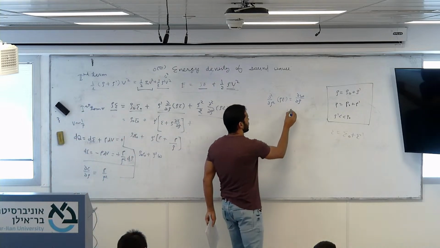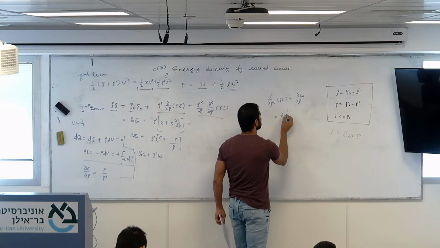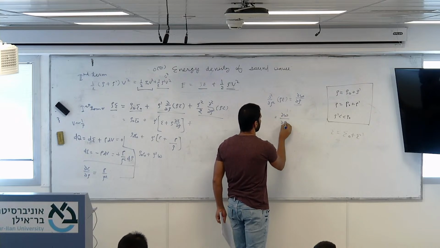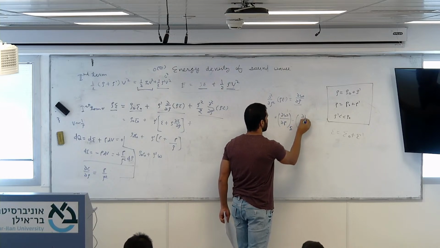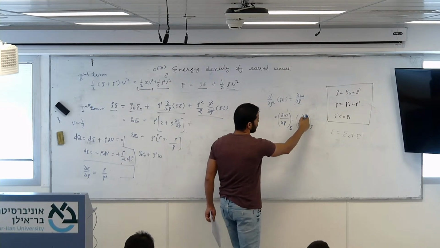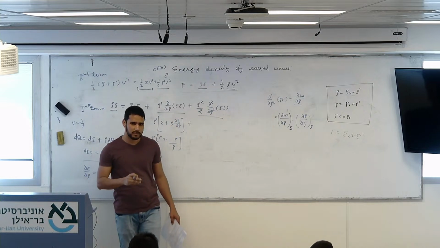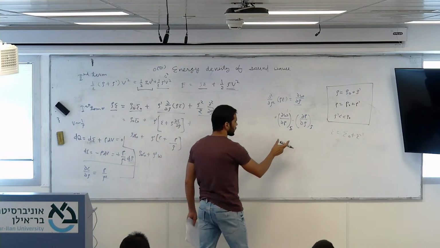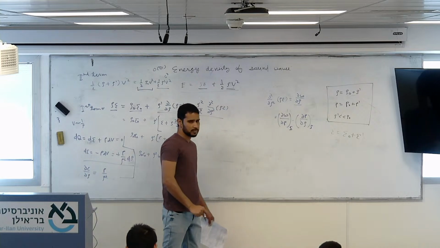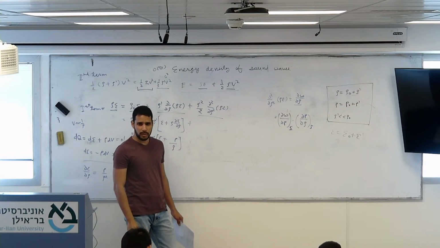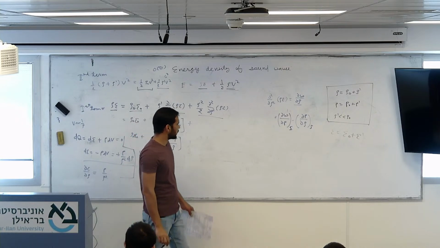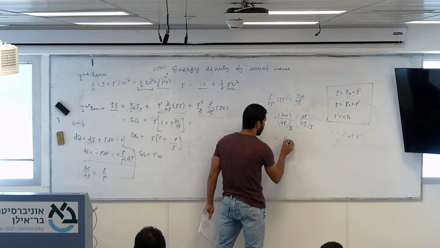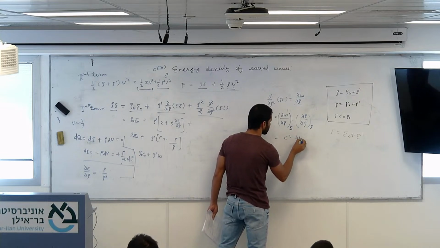So let's write it like this. At constant entropy, what is this? This is sound speed square, C square.